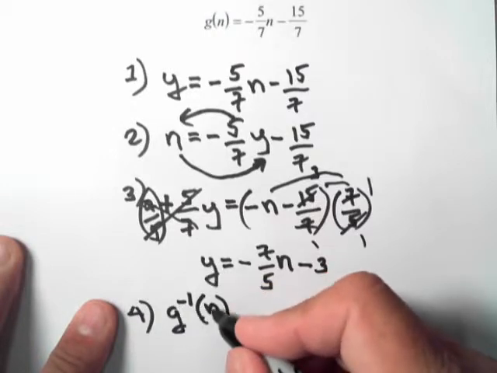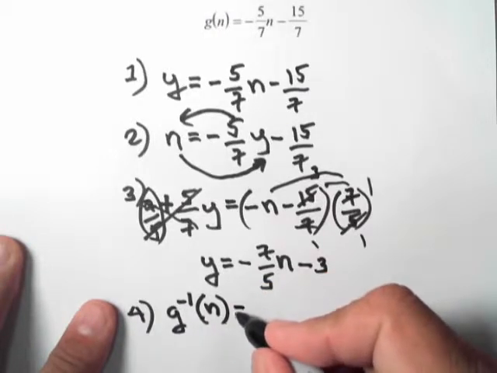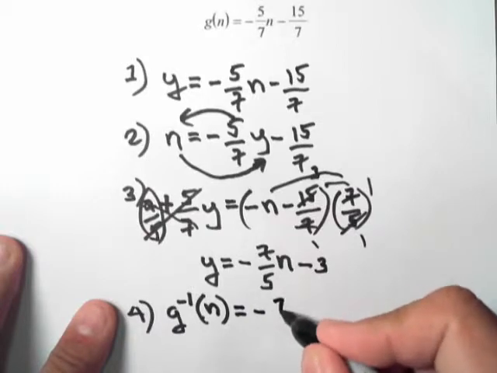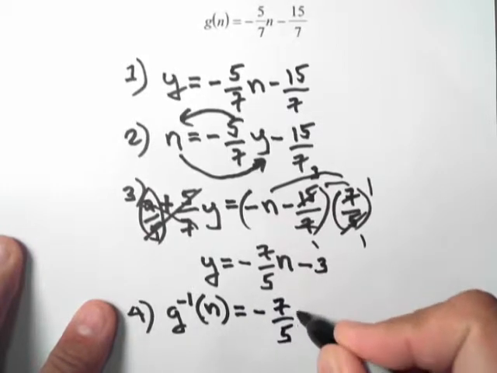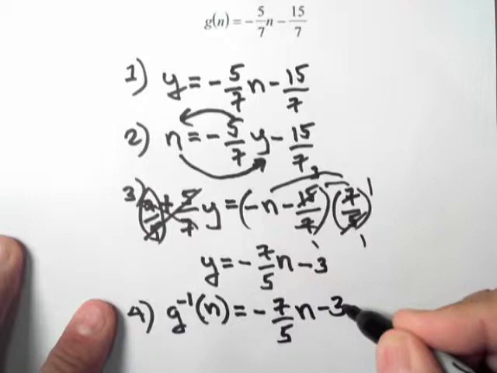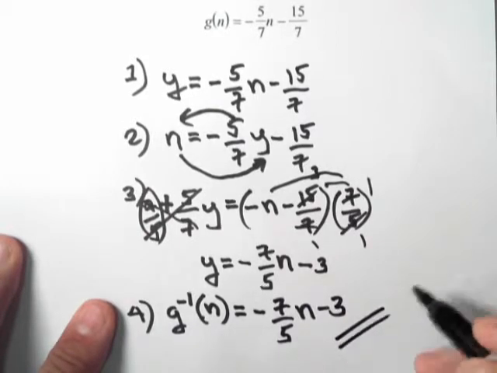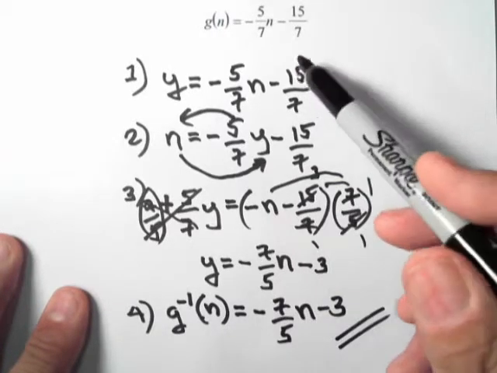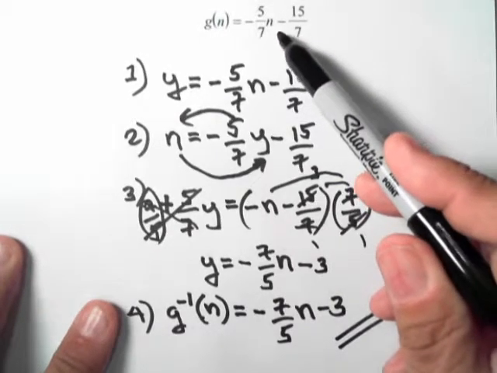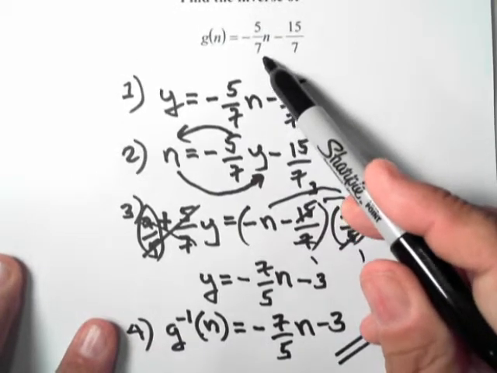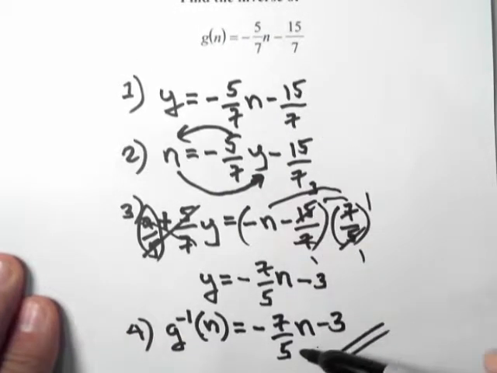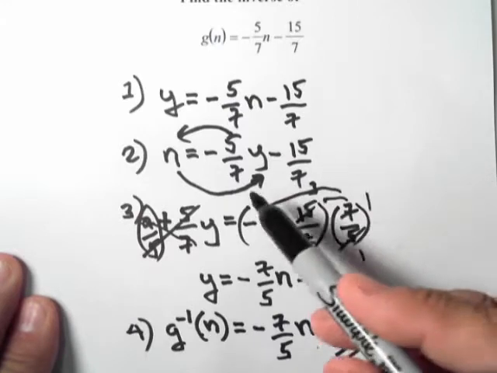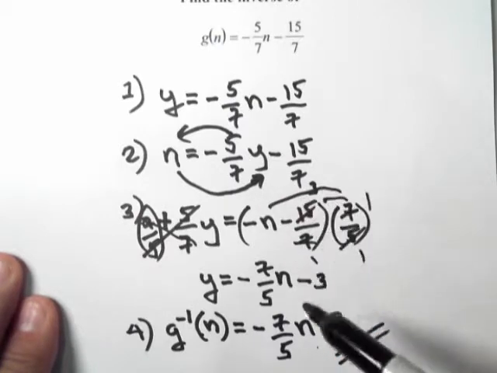There's no change here other than just making it fancier, equals negative 7/5 n minus 3. So there's our inverse right there. We could test it if you composed both ways the original g function up here with this. Both compositions would equal n to prove that you're correct.